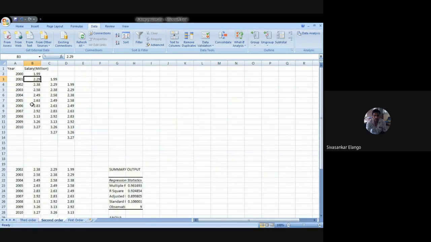Second order auto regression means I'm going to predict the sales based on only the past 2 years, right? Third order auto regression predicts the sales based on the past 3 years, whereas second order predicts based on only the past 2 years' sales.